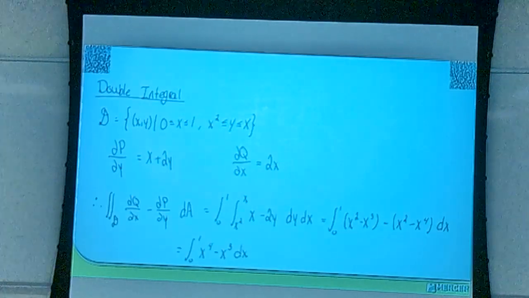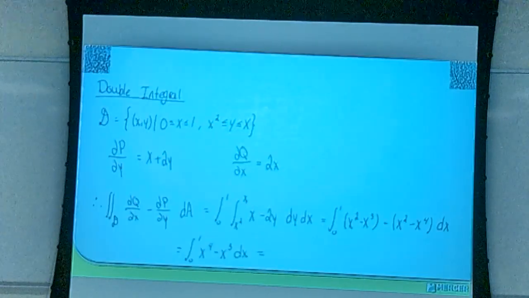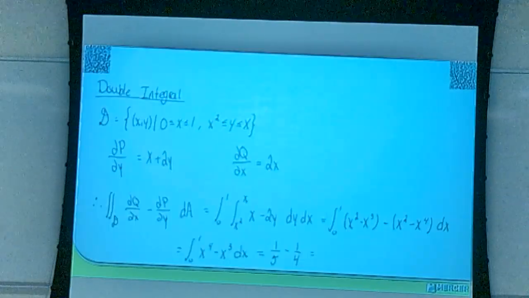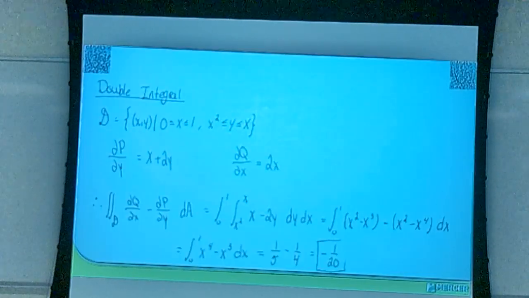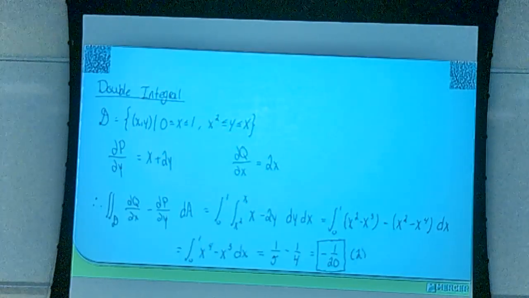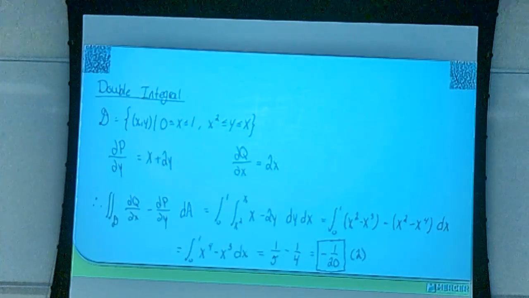So that's going to be what, a fifth minus a fourth? That integral? Yes. I'll make it 120. Look at number 2.